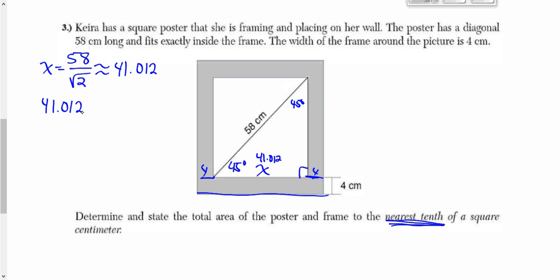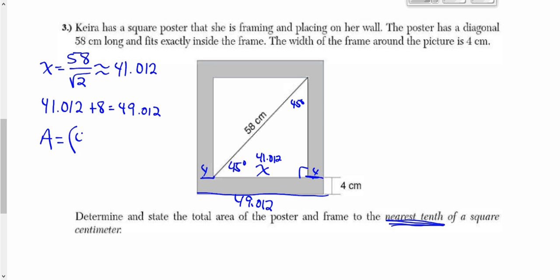How about 49? We're adding 8, right? So what's the area? That is not the area. That's the side length of the square. We've got to multiply that by itself.